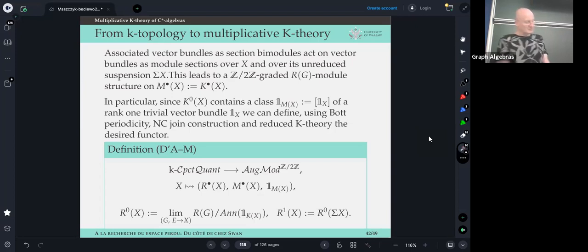And so this is the even part of this construction, and we create this odd part by applying the same construction to the unreduced suspension of this space.